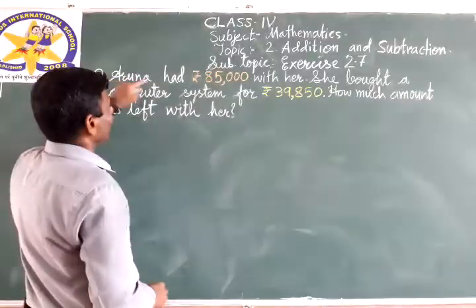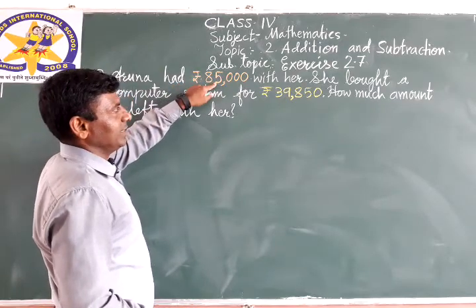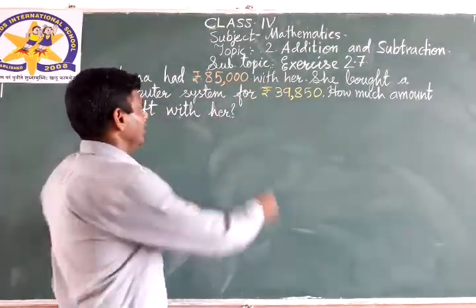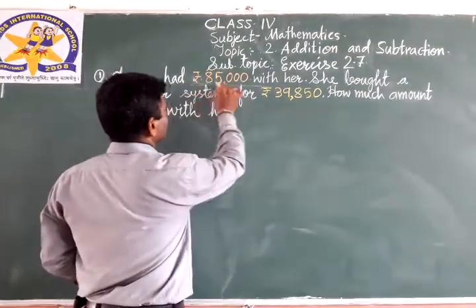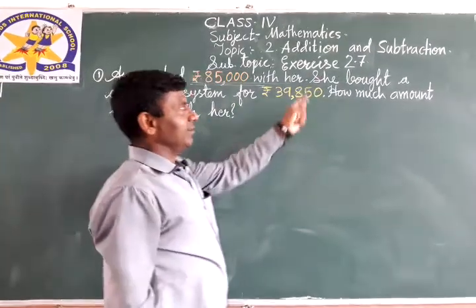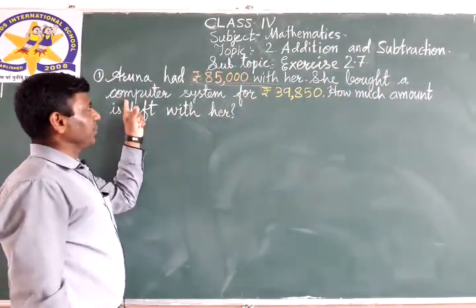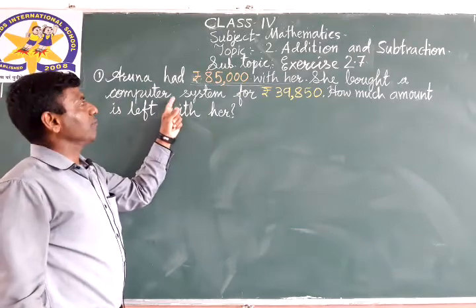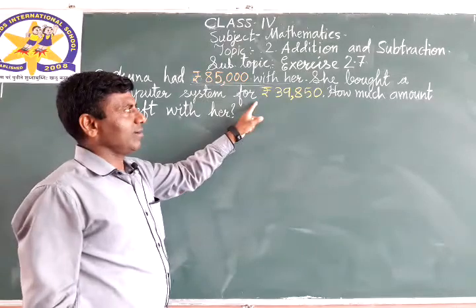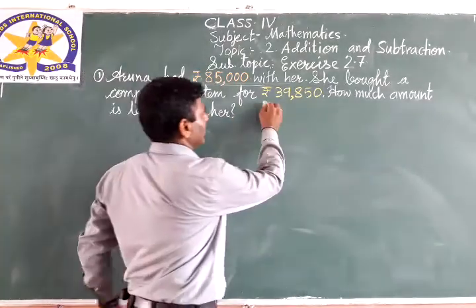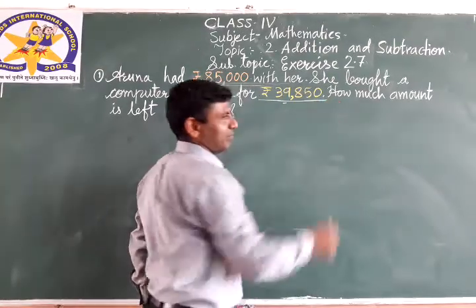See, Aruna had rupees 80,000 with her. Rupees 80,000. See, I underline. Then she bought a computer. What she bought? A computer system for rupees, underline, 39,850.